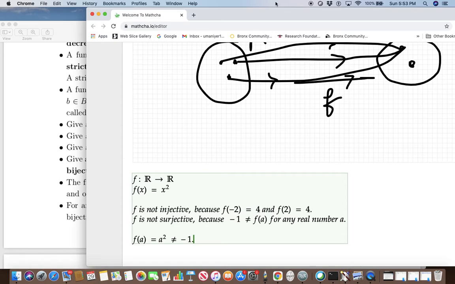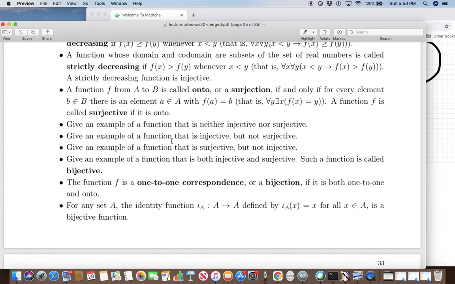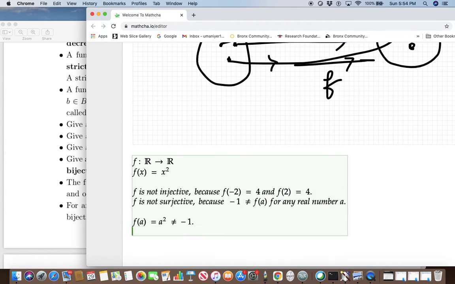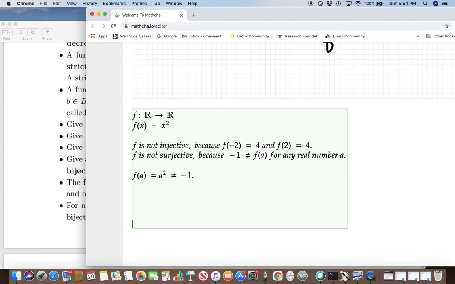All right. Give an example of a function that is injective but not surjective. So here is an example. You want something that is injective but not surjective.